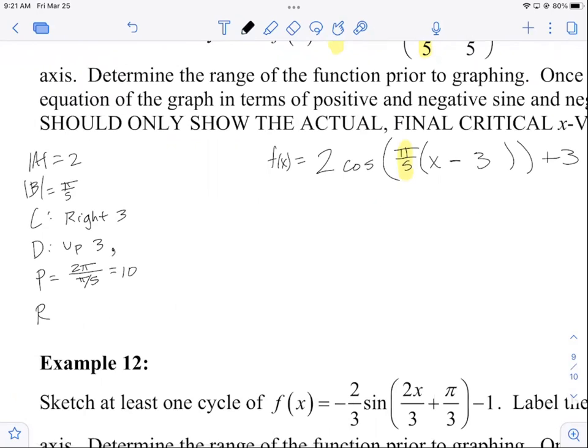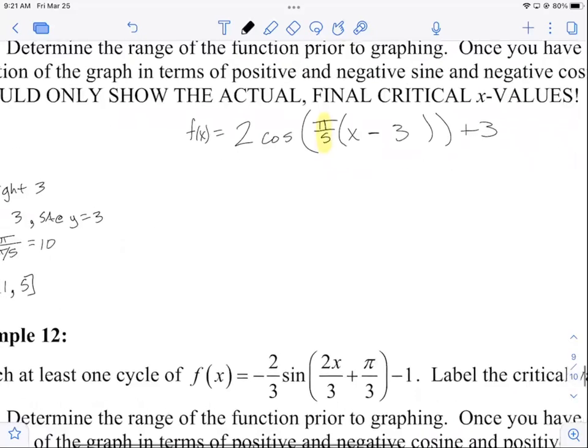From there, you could just say the sinusoidal axis is at y equals positive 3. And then your range, remember the range is your D value minus A. So what's 3 minus 2? Well, that's 1. And then your D value plus A, 3 plus 2, that's 5. So your range is 1 to 5. So your graph lives entirely above the x-axis.